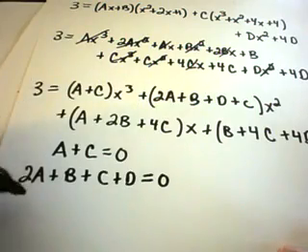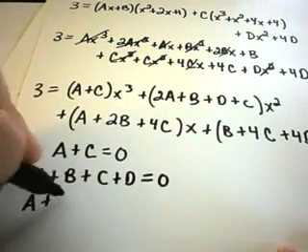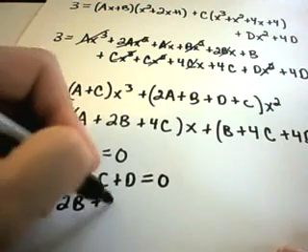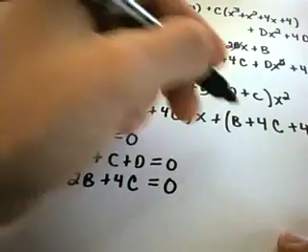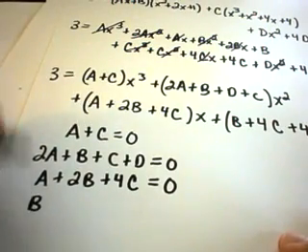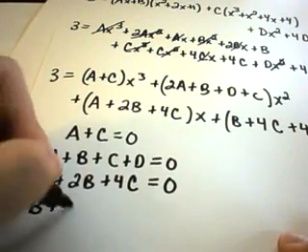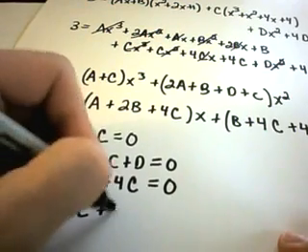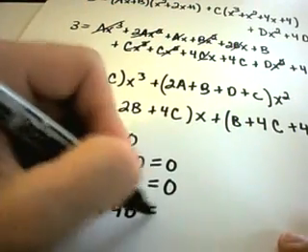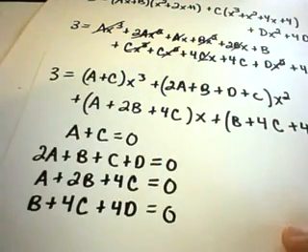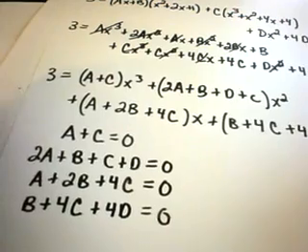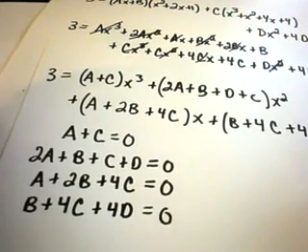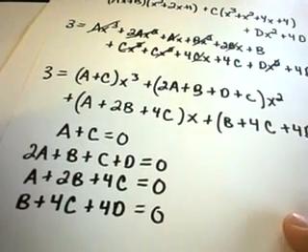There's no x term also on the left side, so that means a plus 2b plus 4c equals 0. And lastly, there is no constant term on the left side, so that means b plus 4c plus 4d equals 0. Whew. So pretty miserable. Again, a really long problem.